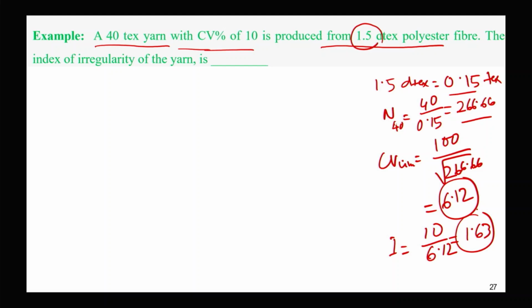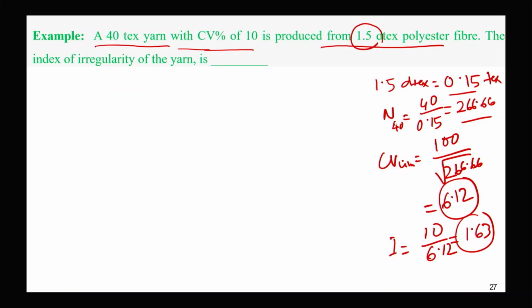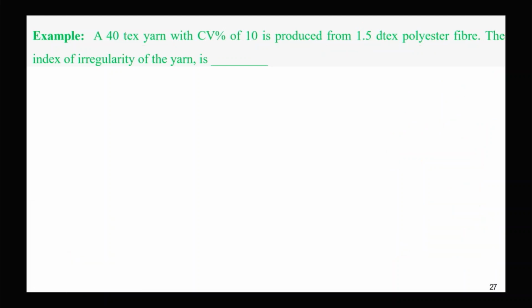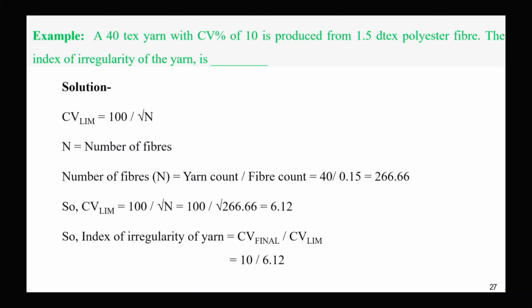In the earlier case the index of irregularity was 1.15 for the same yarn and the same CV but with a coarser fiber. That means the running performance of the machine is deteriorated. So the CV limit is calculated and the index of irregularity is 1.63.